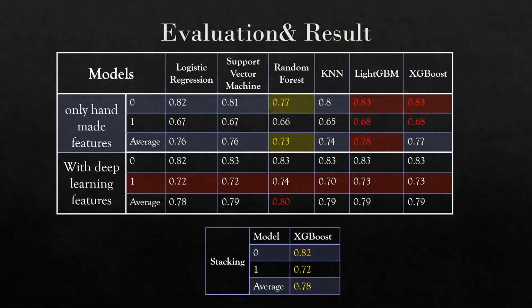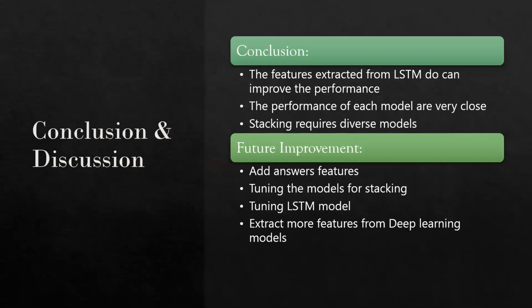It might be because the first tier of stacking requires diverse models, and the performance of my models is very close to each other. Training more models with different performance might help to get better results. So the conclusion is that deep learning features can improve the performance, and the performance of my models is very close, which results in bad stacking results.